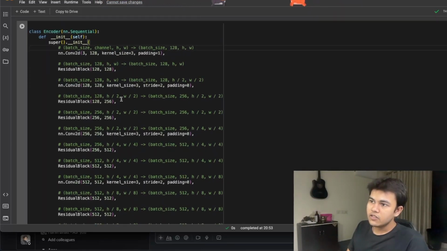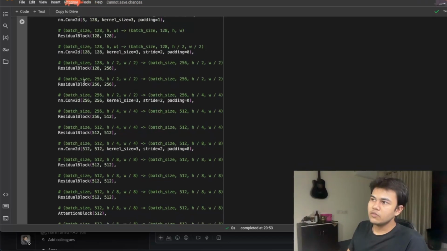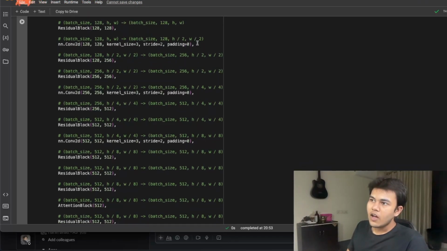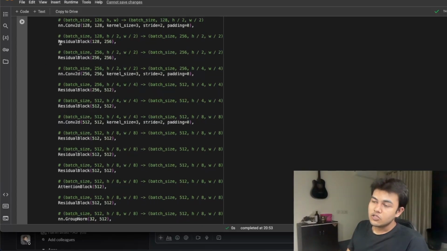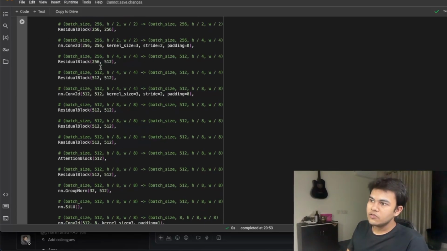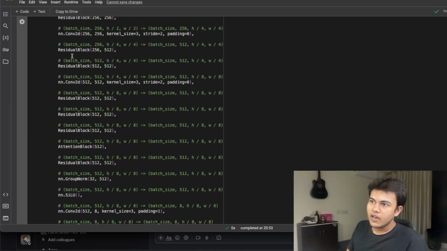Then we have another Conv2d, and here we have stride 2, which gives h divided by 2, w divided by 2, so half the size of the image. And again a residual block, and Conv2d, now we have size divided by 4, and then a residual block.